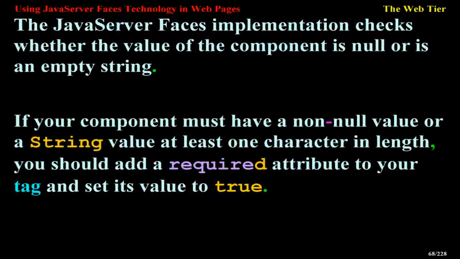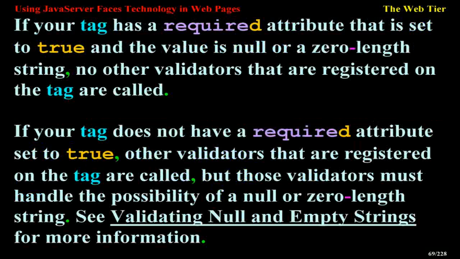The JavaServer Faces implementation checks whether the value of the component is null or is an empty string. If your component must have a non-null value or a string value at least one character in length, you should add a required attribute to your tag and set its value to true. If your tag has a required attribute that is set to true and the value is null or a zero-length string, no other validators that are registered on the tag are called.